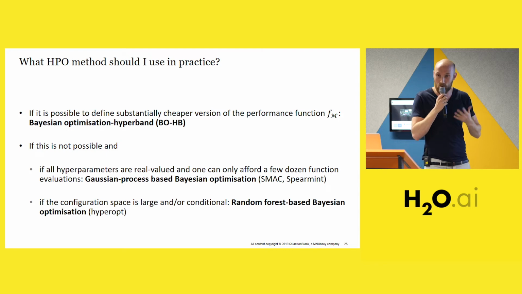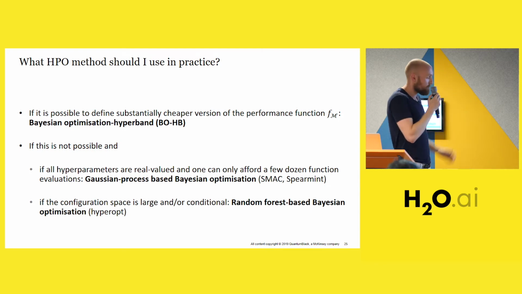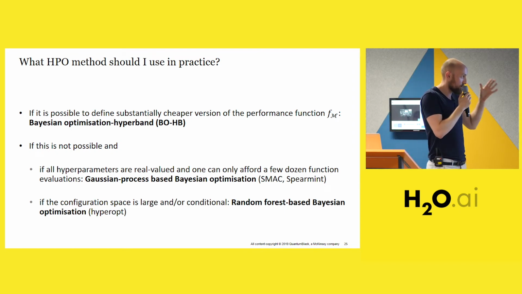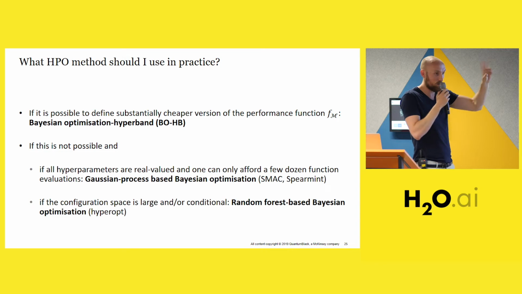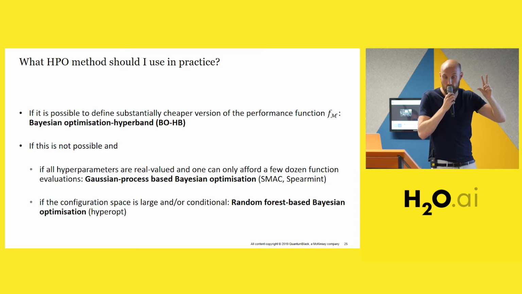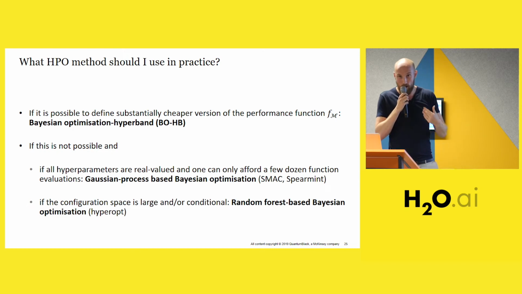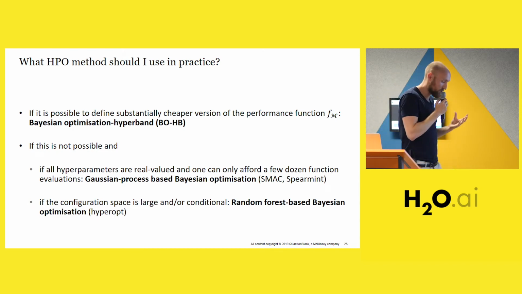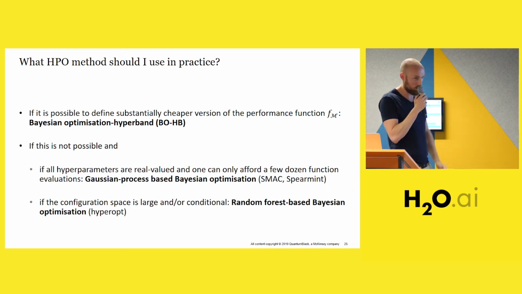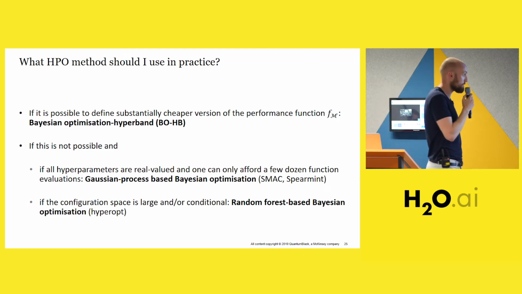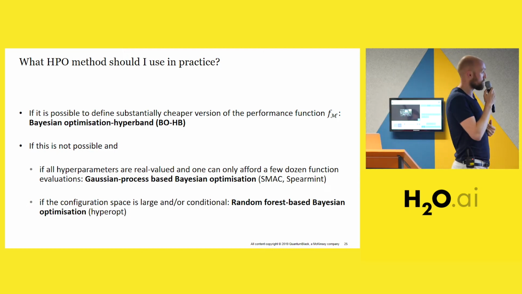There's no one true algorithm, but there are definitely cases where this might pay off, especially if you're in one of those two situations that I defined earlier, where you have a high-dimensional space or a function that is not computationally cheap to sample from. These methods may be useful for you.